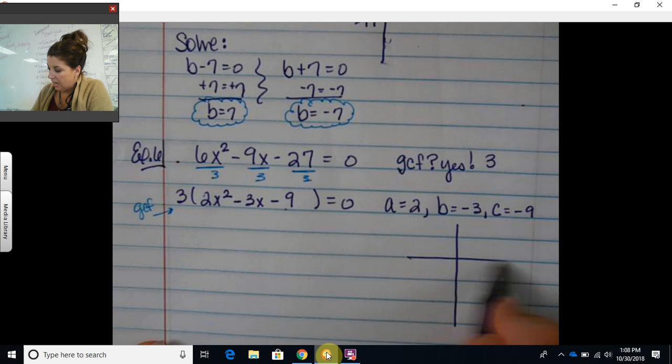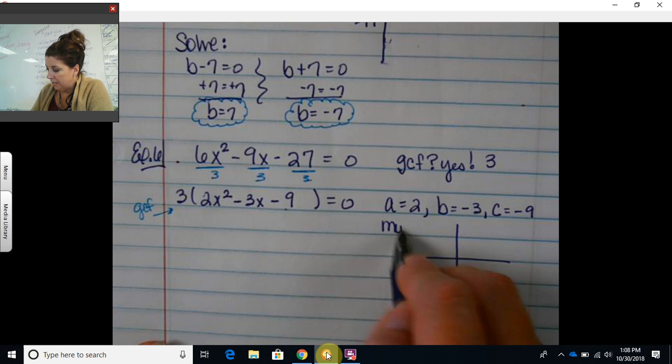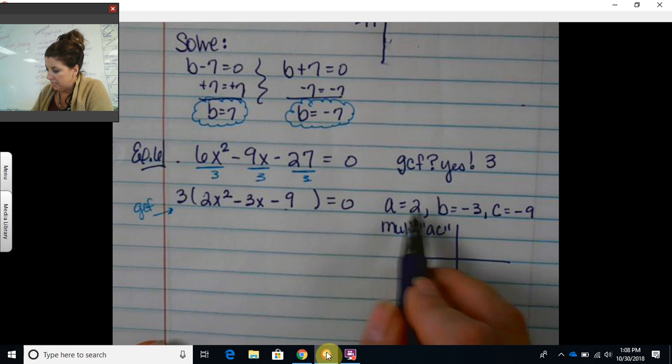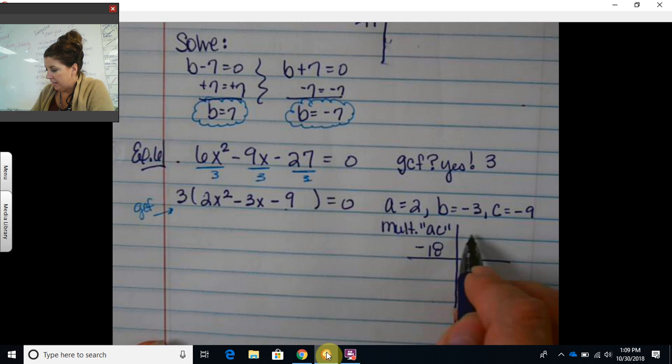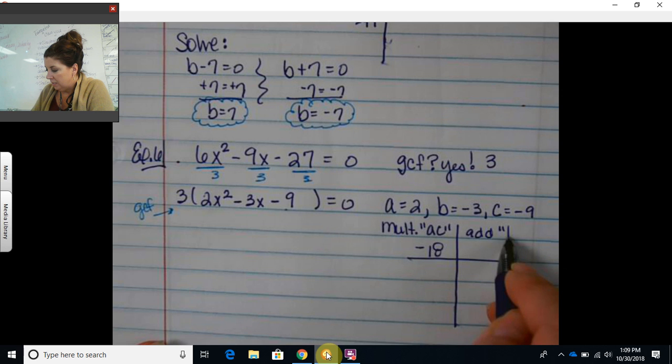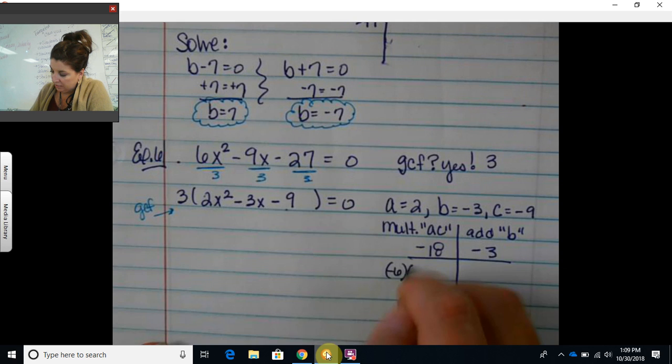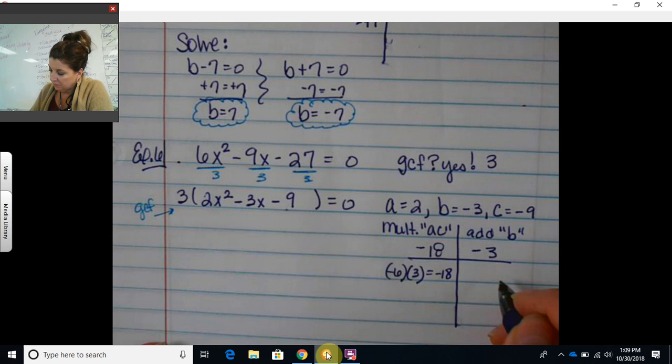I need 2 numbers that multiply together to give me A times C, which is negative 18, and that add together to give me B, which is negative 3. Okay, negative 6 times positive 3 is negative 18, and negative 6 plus 3 is negative 3.